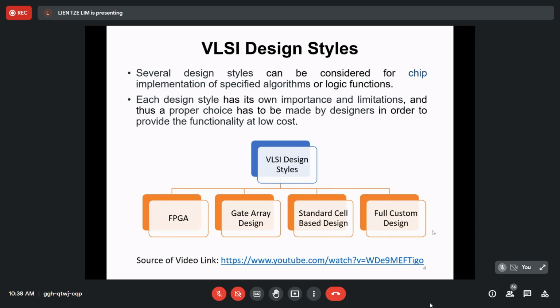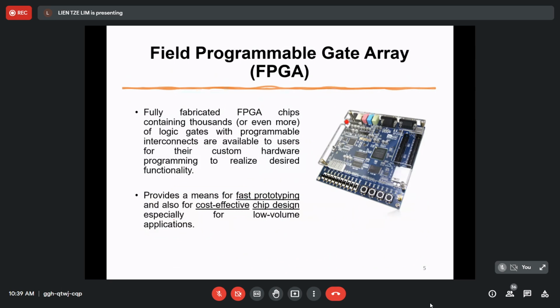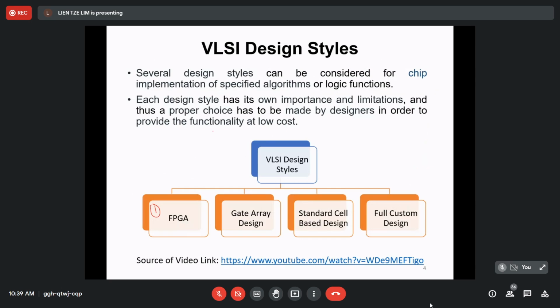These 4 design styles I have explained to all of you, not in great detail, but the very fundamental knowledge about the 4 design styles, which are FPGA, the field programmable gate array, and another one is gate array design.